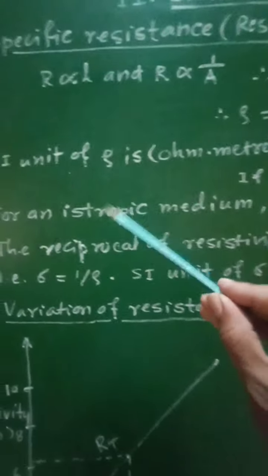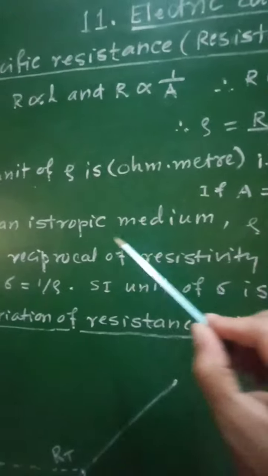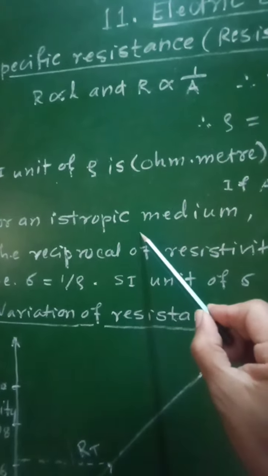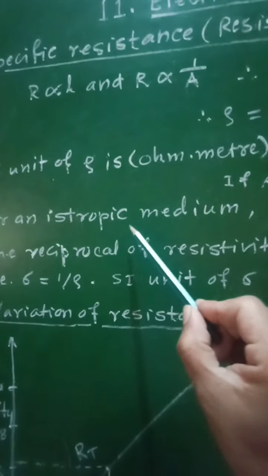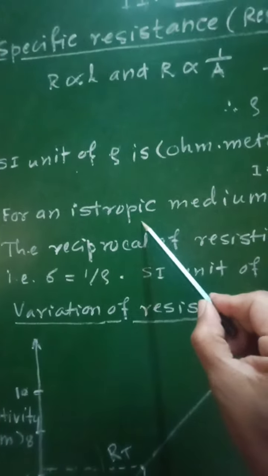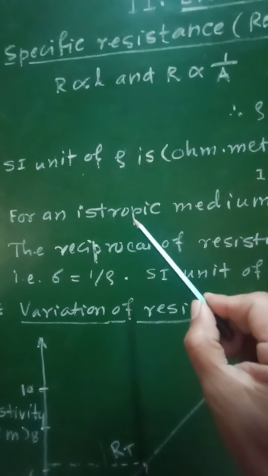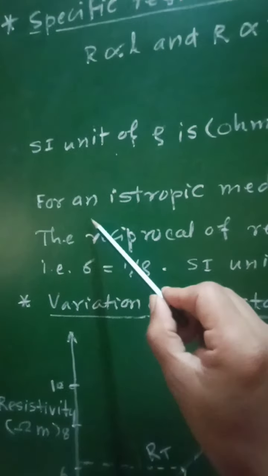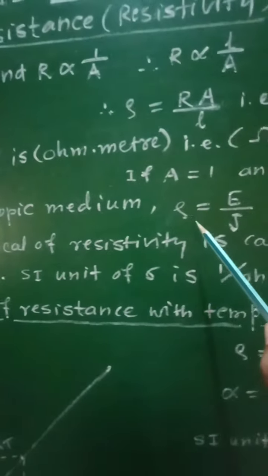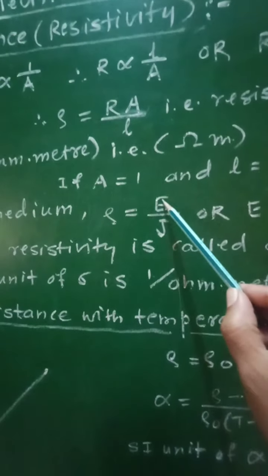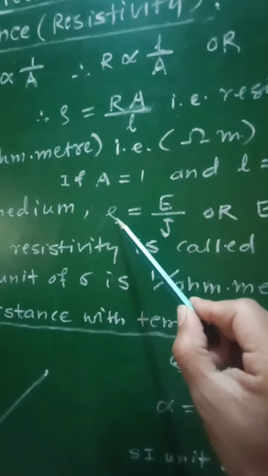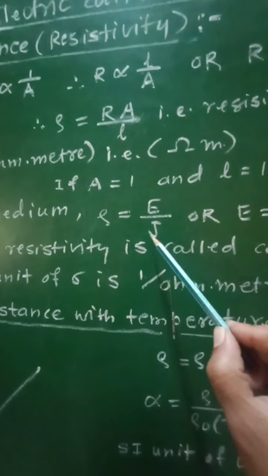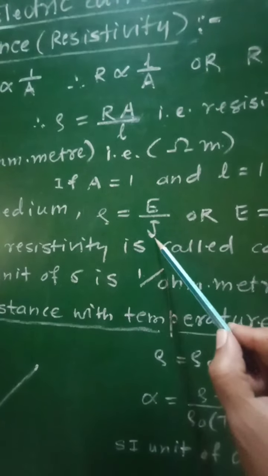Now for an isotropic medium: an isotropic medium is the medium whose properties are identical in all directions. For an isotropic medium the relation between the electric field and the specific resistance is given as rho equal to E by J, where J is the current density.